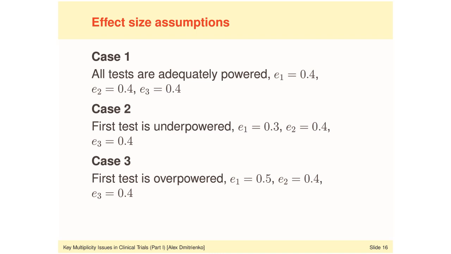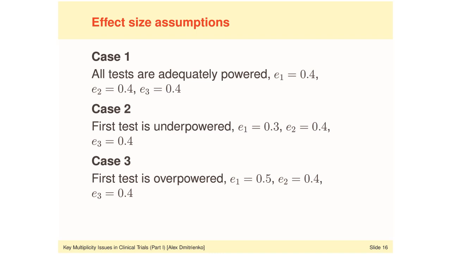In case 1, all endpoints are powered at 80%, and the other 2 cases are introduced to help us understand what happens if the effect size for the first endpoint is less than 0.4, which means that it's underpowered, or if it's greater than 0.4, which means it's overpowered.